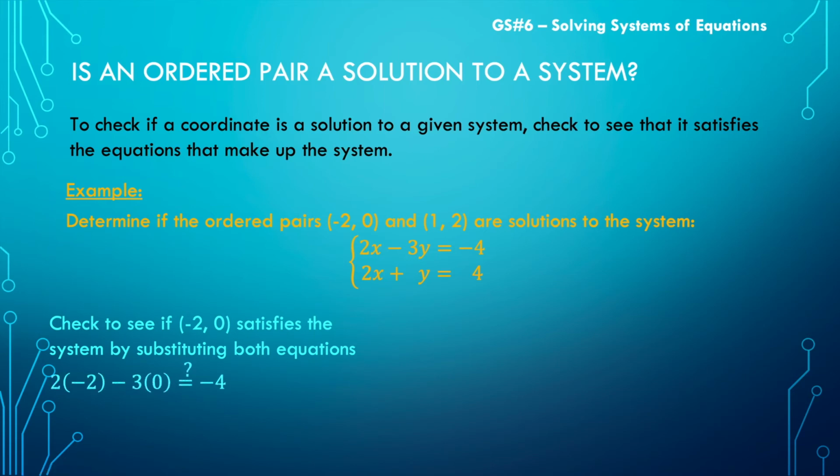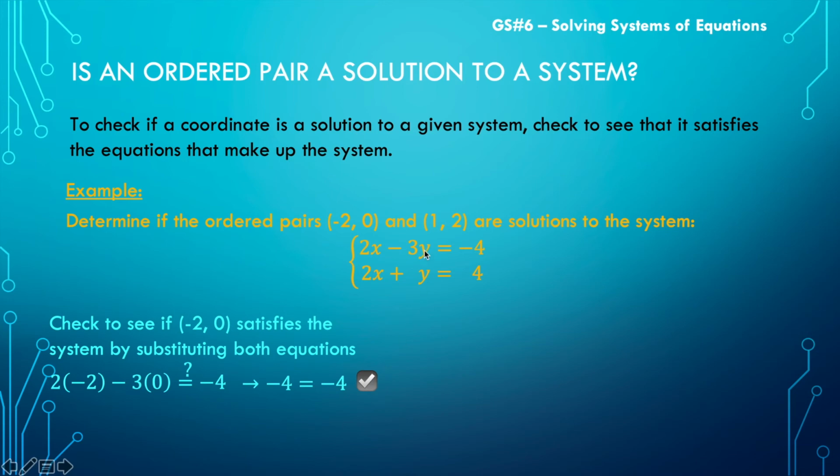If I substitute -2 for the x and 0 for the y, we want to know if what is calculated here is equal to the right-hand side of the equation, -4. When we do this calculation, we have 2 times -2 is -4, minus 0, which is -4. Since -4 is indeed equal to -4, this coordinate works in this first equation.